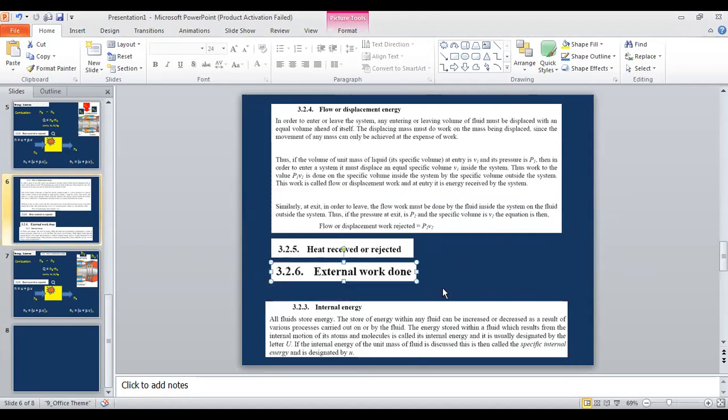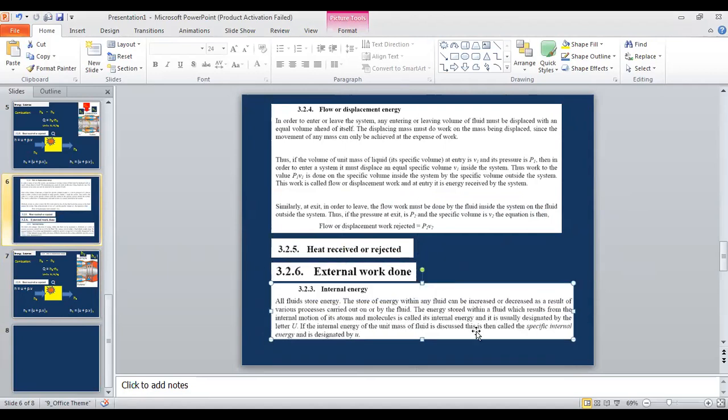So you will see there should be discussions about enthalpy as well. And so it is very important to understand this. So going through the notes really helps you. Okay, good.